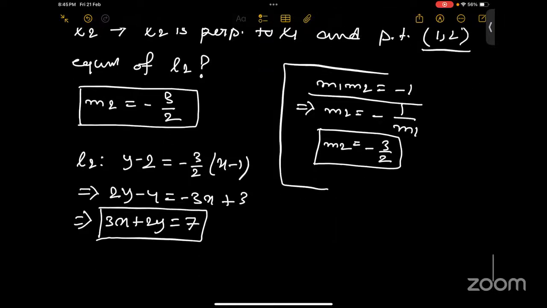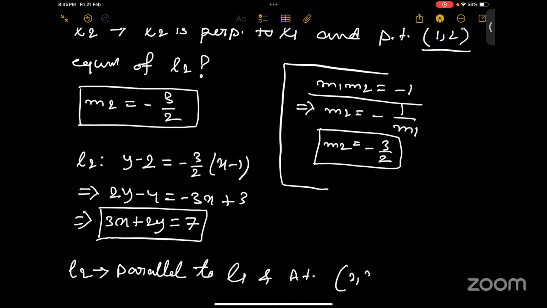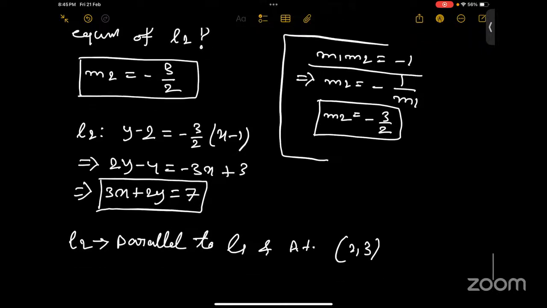Okay. And if L2 was, suppose, parallel to L1 and passes through the point (2, 3), then the slope is the same. What is the equation of L2?